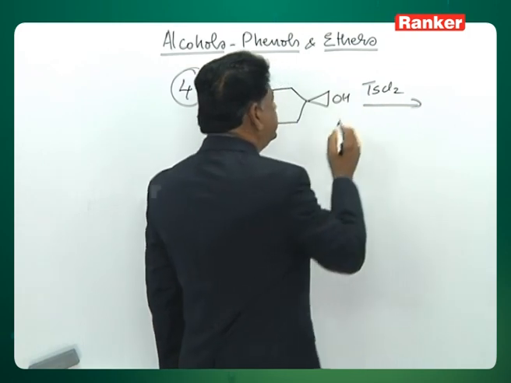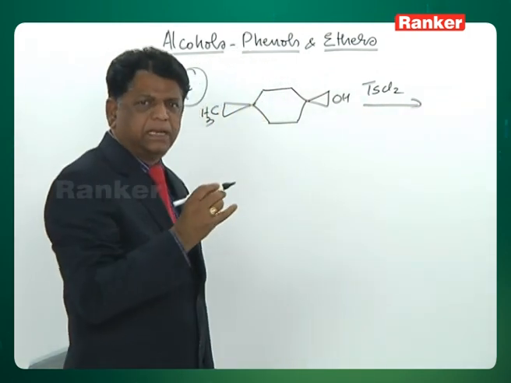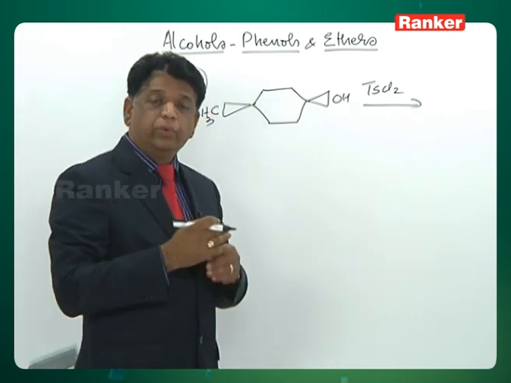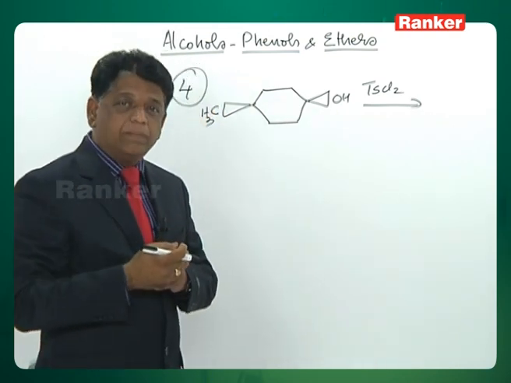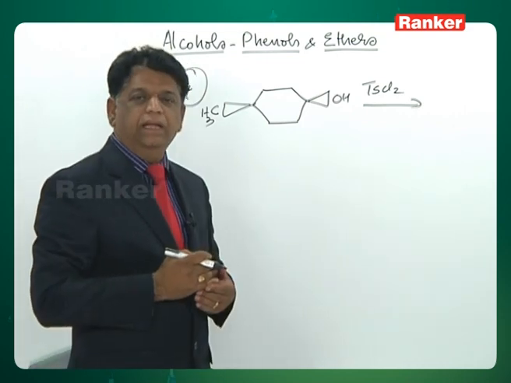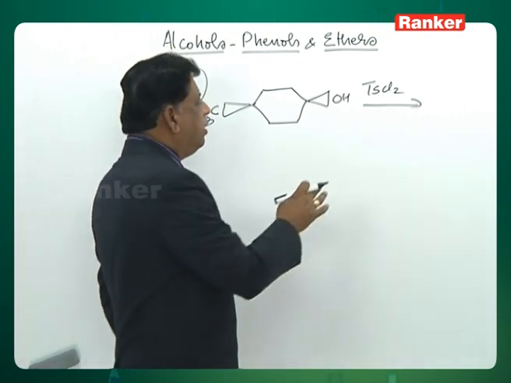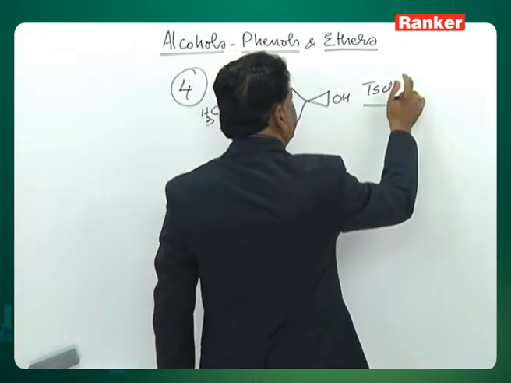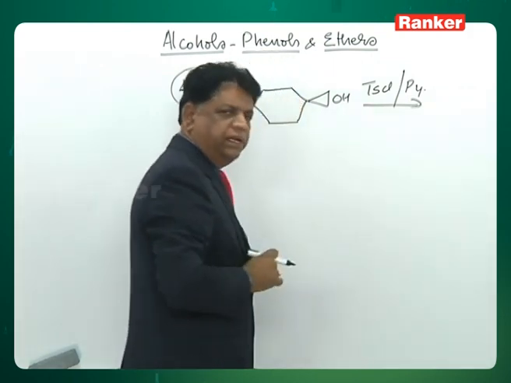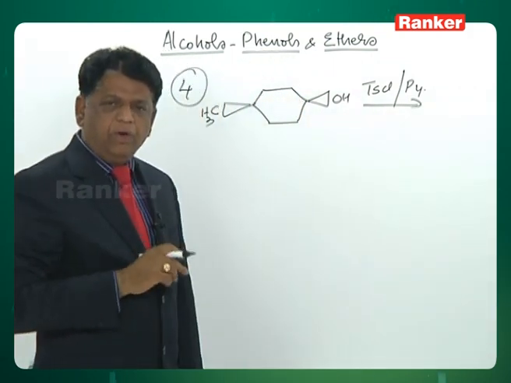Actually, if you want to replace the OH, there are very few reagents. If it is a halogen, a huge number of stronger bases can replace the Cl. But the OH replacement is not like that. Tosyl chloride followed by pyridine; in presence of pyridine we are using that reagent, and then followed by what?